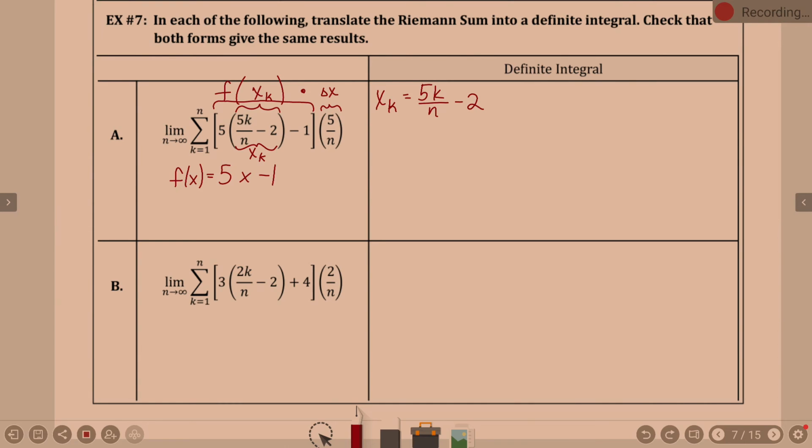What do we know x sub k is defined as? We've been saying a plus delta x times k, right? So can you pair up the pieces there?